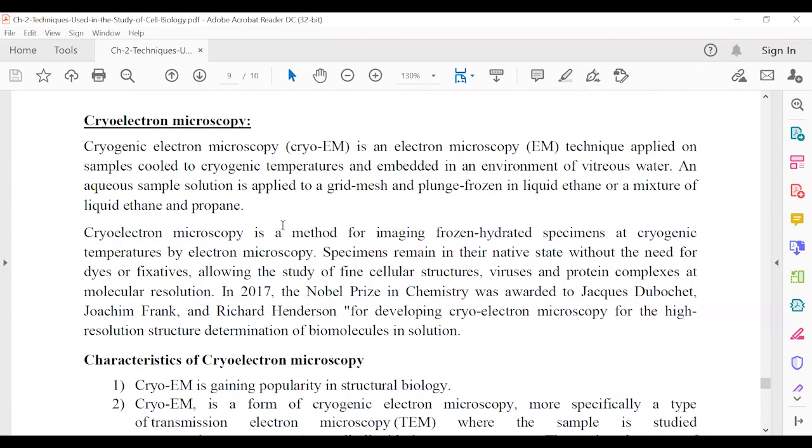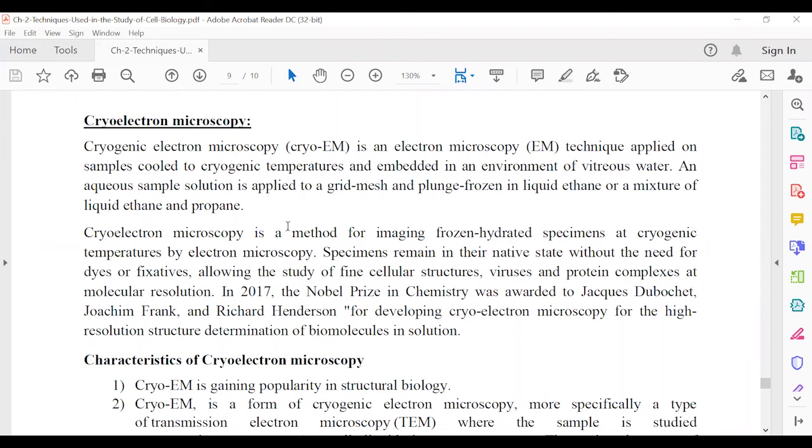Last technique, cryo-electron microscopy, is an electron microscopy technique applied on samples cooled to cryogenic temperature and embedded in an environment of vitreous water. An aqueous sample solution is applied to a grid mesh and plunge frozen in liquid ethane or a mixture of liquid ethane and propane.